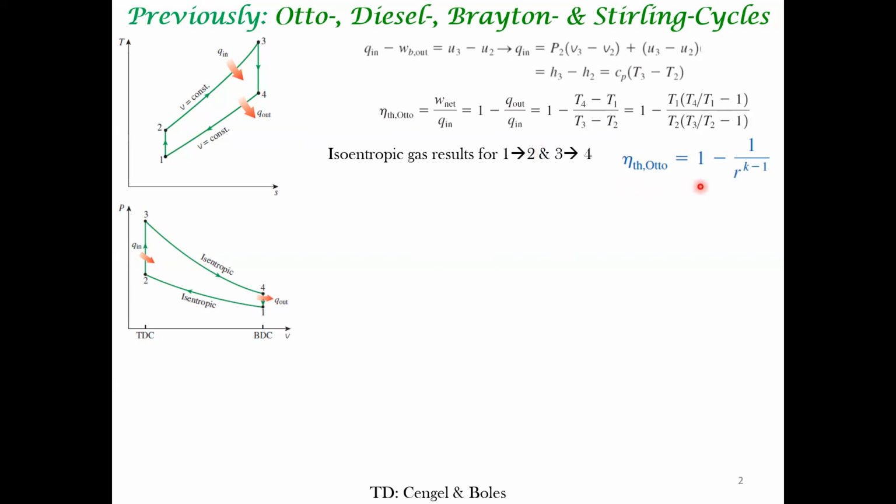For example, in this case, efficiency depends upon the compression ratio, which is related to top dead center and bottom dead center. And it is also dependent on k, which is Cp by Cv.